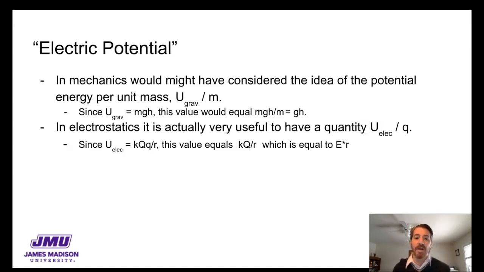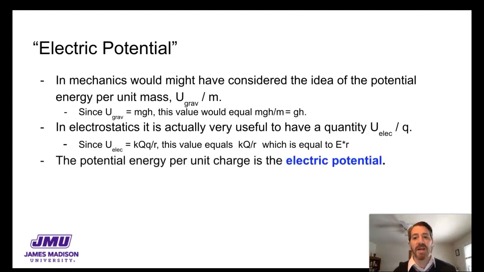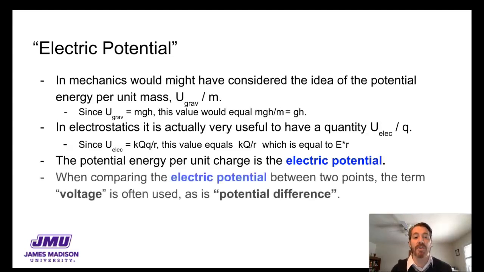And kq over r is the electric potential around charge capital Q. And it happens to be equal to the electric field times r, except usually we don't use r in that situation. We usually say the electric field times distance d. Again, the potential energy per unit charge is what we call electric potential.